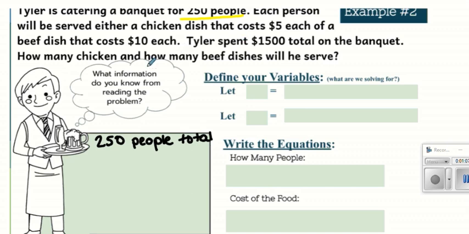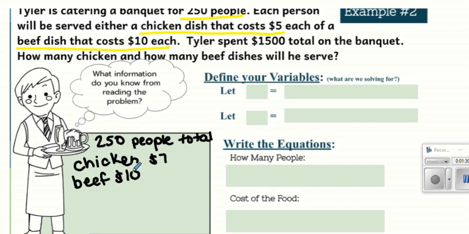The next piece of information that I see is that we have chicken dishes that cost $5 and beef dishes that cost $10. And the last piece of useful information that I see is that Tyler spent $1,500 total on the banquet. So there's another total.